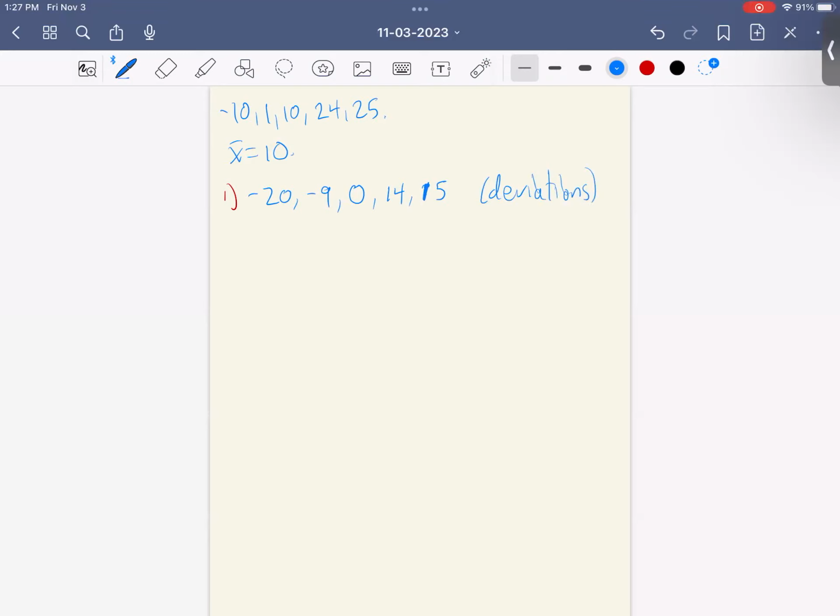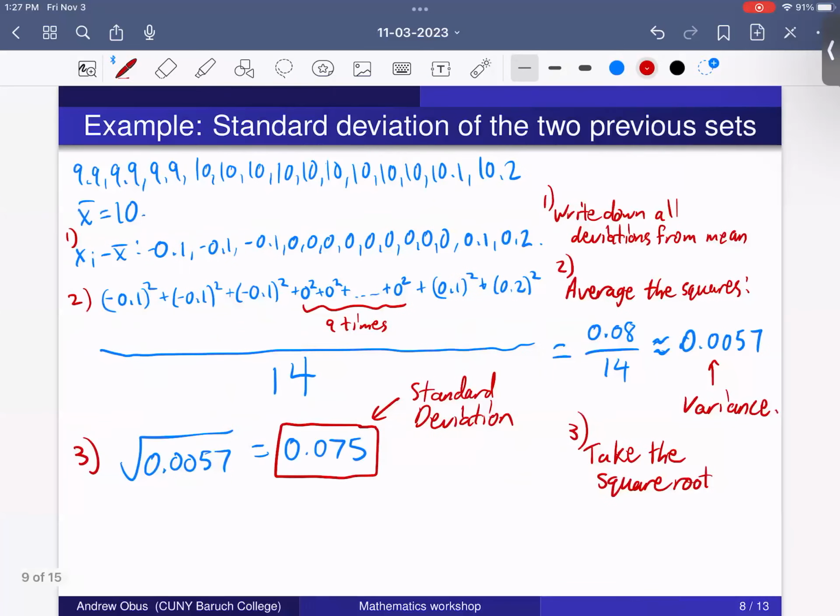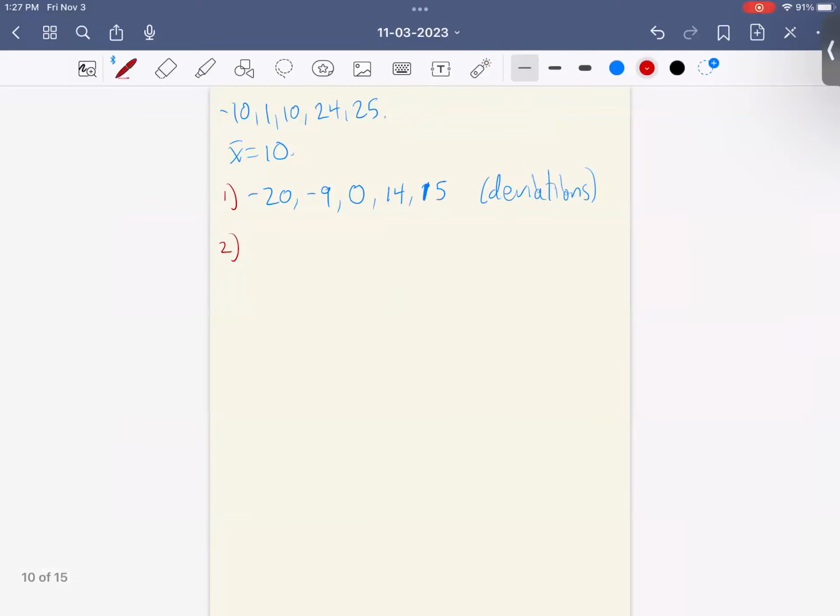And so the second step, remember, we average the squares, right? So we have to square all of these and average them. We get minus 20 squared is 400, plus 81, plus 0, plus 14 squared is 196, and then 15 squared is 225.